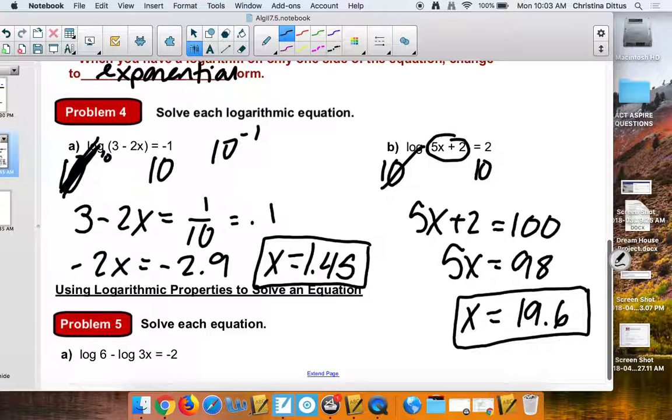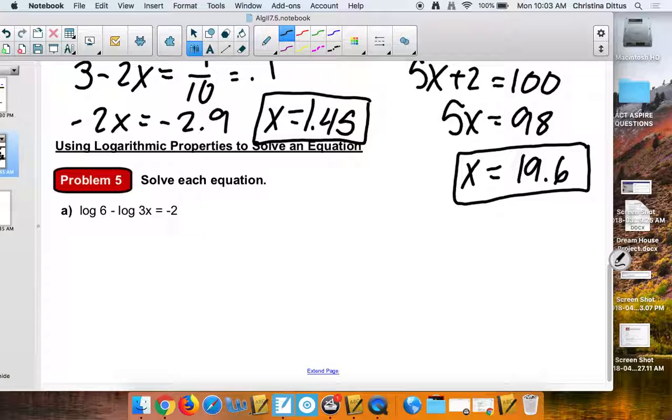Questions so far? What that star says is that you have to have only one log on one side. This one I have 2 logs on the left-hand side. How can I turn it into one log? Is my base the same? Yes. When I subtract logs, it's the same as dividing.